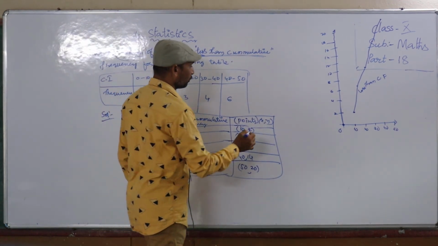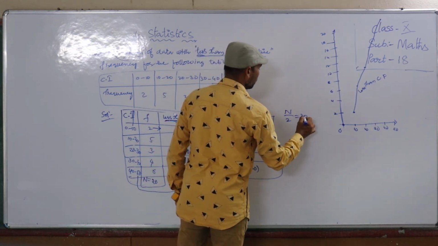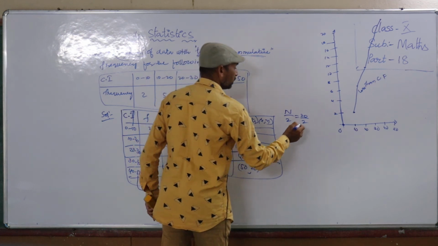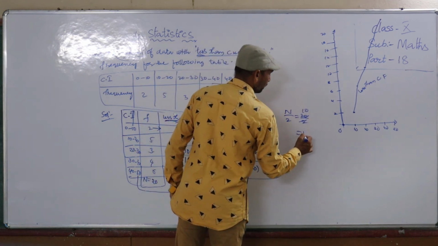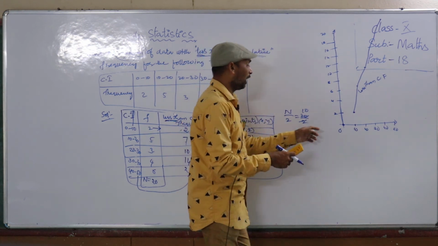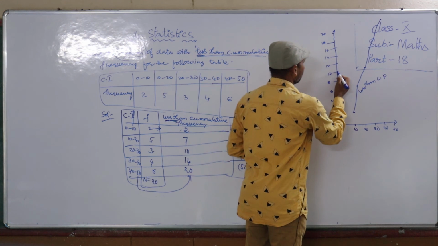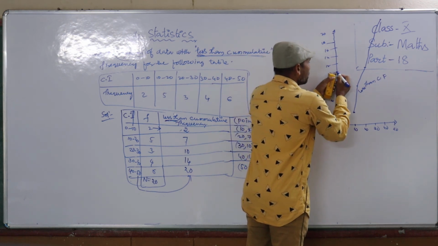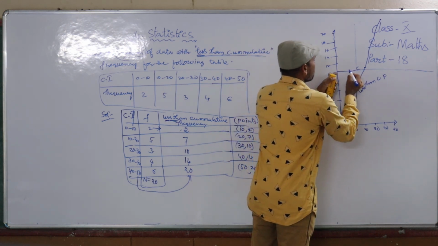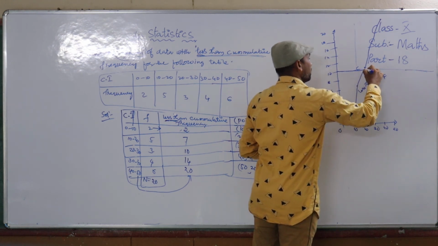First we find n by 2. n by 2 means 20 by 2, the n value is 20, so 2 tens are 20, that is 10. This n by 2 value, 10, we take on the y-axis. Where is 10? Here. With the scale, draw a line from here. This line intersects the less than cumulative frequency curve here.